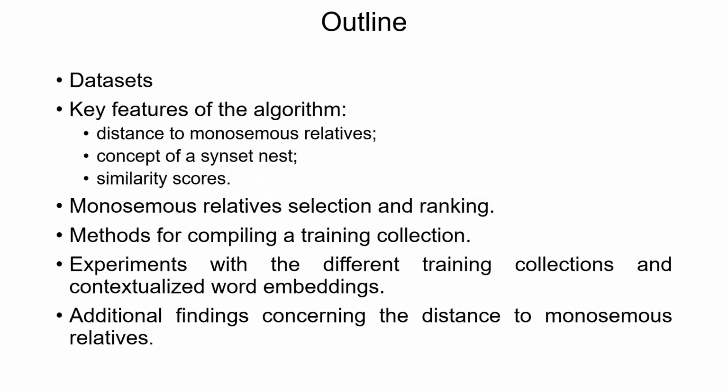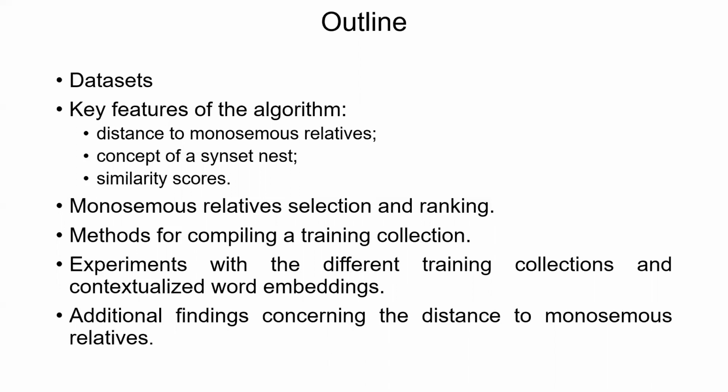Let me briefly describe the main parts of our report. First, we are going to describe the data that we use in our research, that is, the RuWordNet thesaurus and different corpora. Second, we will tell you about the principal features of our algorithm: distance to monosemous relatives, the concept of a synset nest, and similarity scores.